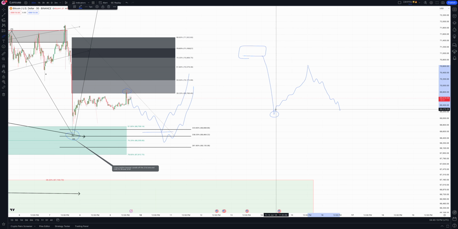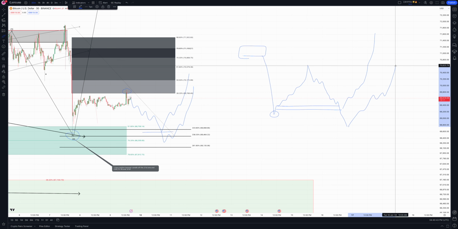Usually that would come down to the 78.6 or the 70.2% fib. In rare cases, it does come down to the 88.6% fib. Two extremes, and then you see the reversal from there. So this would be your selling climax, your automatic rally, secondary test, and then you have continuation. Or you have a sweep of the adjacent low, and then you see continuation.